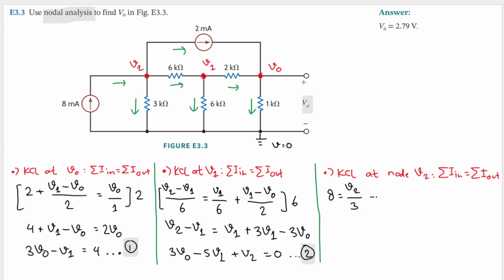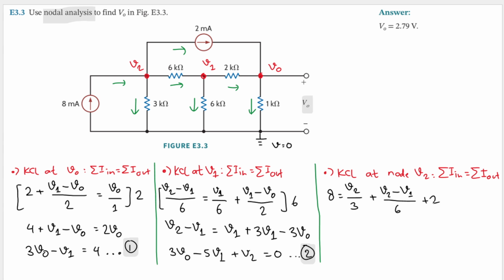And then plus this current here, which is V2 minus V1, divided by 6. And then this current here, which is 2 milliampere. So we'll have plus 2.